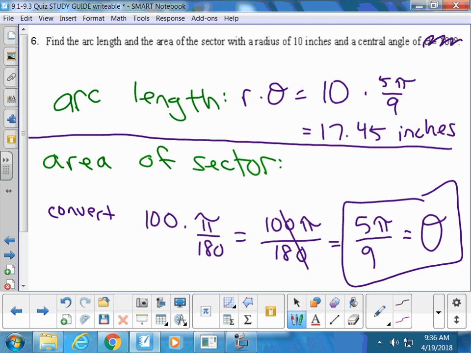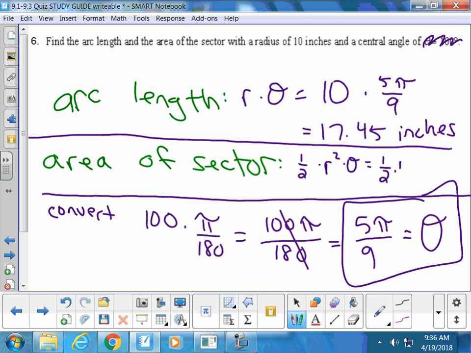Thumbs up if you calculated what I got. No one is nodding their head yes or no. So no feedback. It matched? Or we're still typing? I think they're still typing. Okay, perfect. Now we're doing the sector area formula, 1/2 r squared theta.